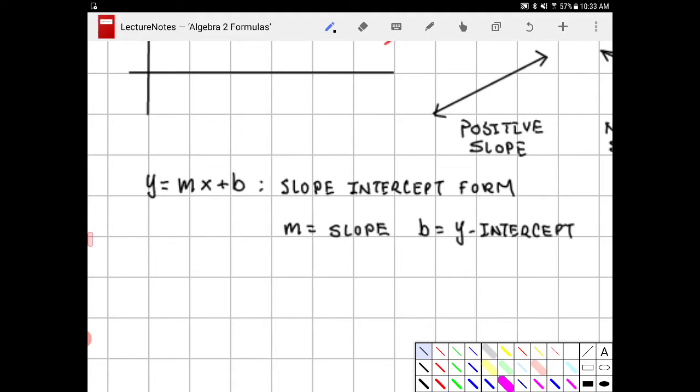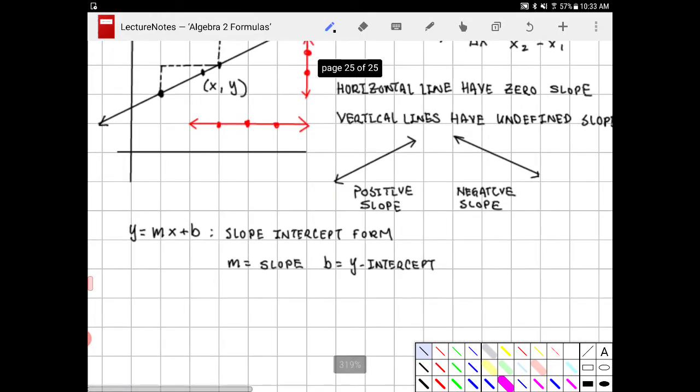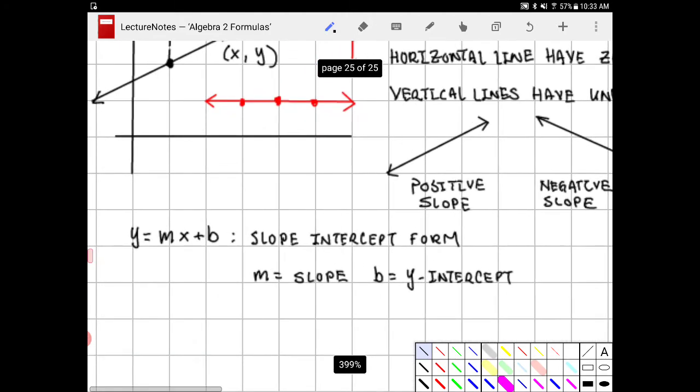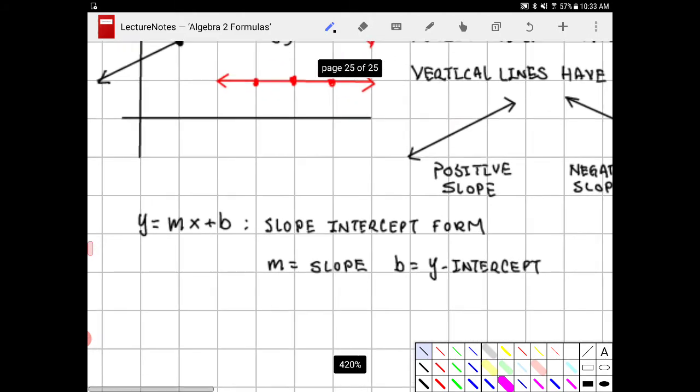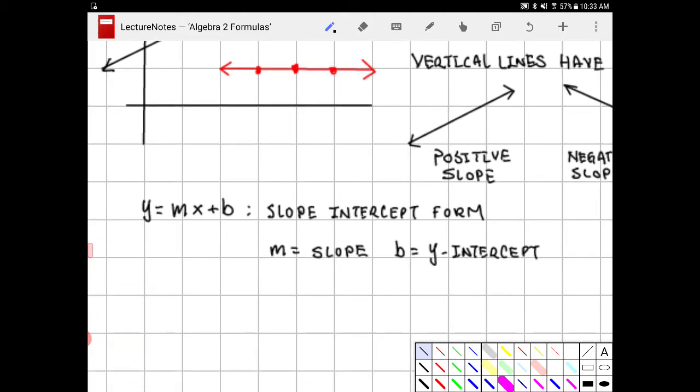So what this is saying is, okay, if you know the y-intercept, and you know the slope, we can then write the equation using these 2 facts.